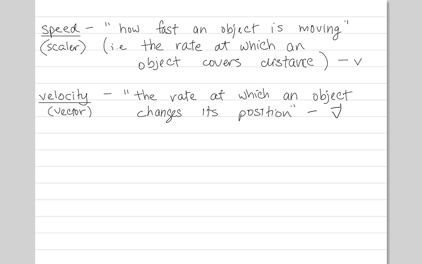Now watch me, I'm going to do a little dance. Is that wild? Was there a lot of speed in there? Yeah, a lot of speed, right? But is there a lot of velocity? No, because I keep returning to my original position. So there's a lot of speed, but not a lot of velocity, right?